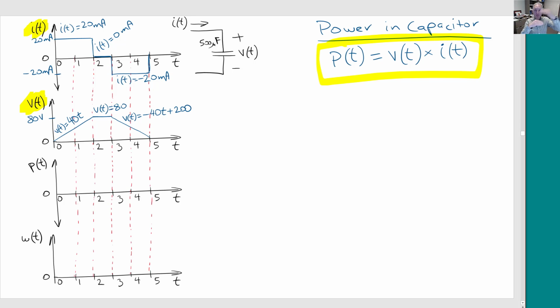So these are two graphs, and you multiply the graphs together. You can do this visually, or we have the mathematical functions for each piece, and we can multiply those together. So we can multiply the first two together, the current and the voltage, then the second two together, and then the third two together, okay? And that's what we're going to do.